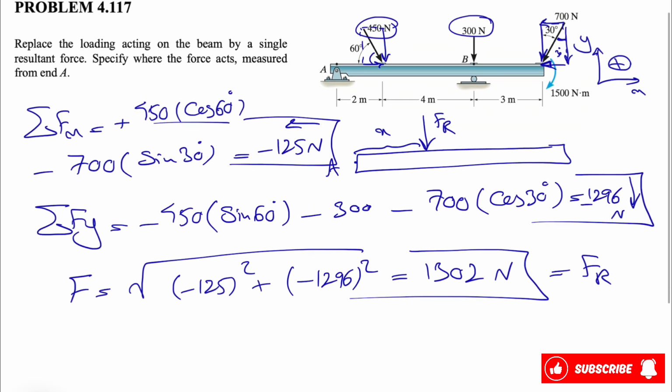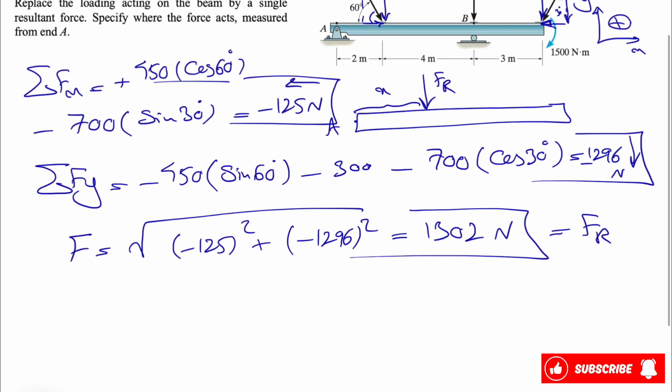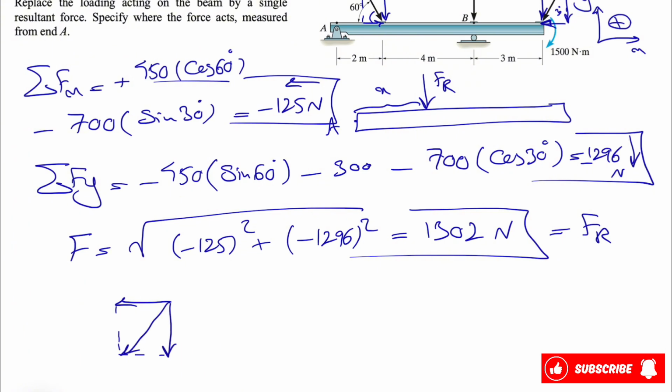So we know that our Fr would be something that has both negative x component and negative y component. So this will be our Fr. This will be the 1296 that we found for y, and it will be 125 for the x.